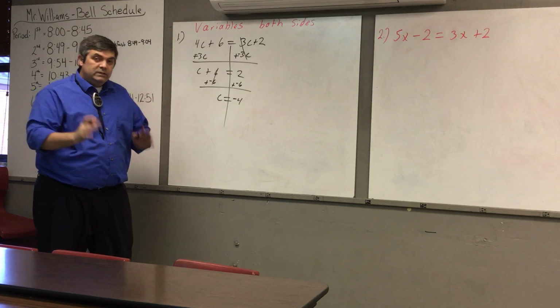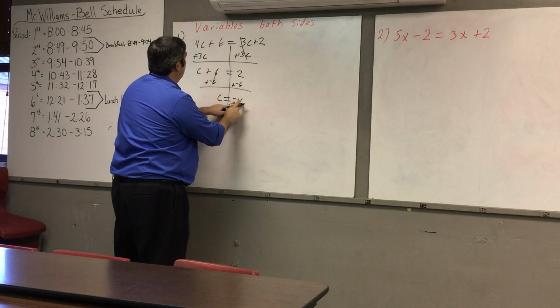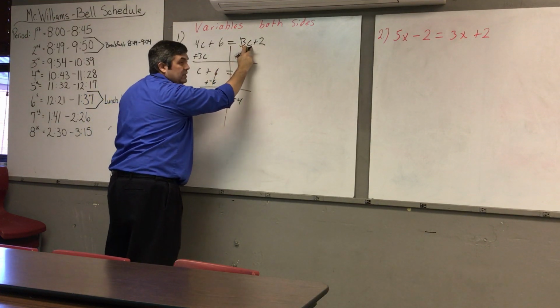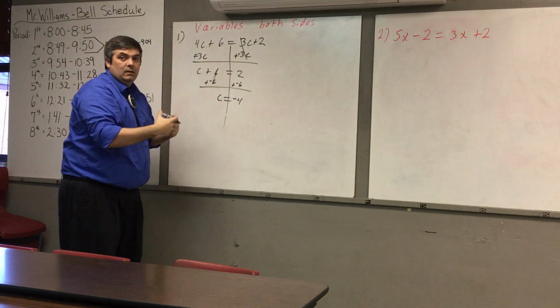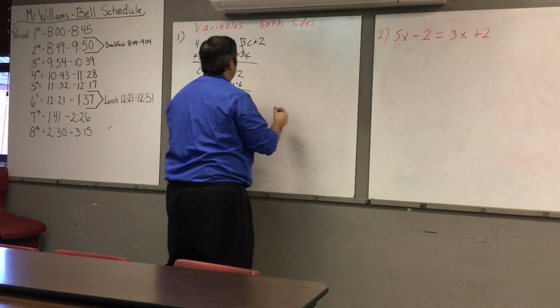Now, if you want to check, which I strongly suggest you do, you take this negative 4 and you substitute it in for c here and c here, and see if it comes out to the same thing. So I think I want to show you what that looks like here.